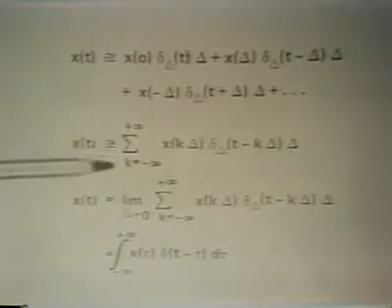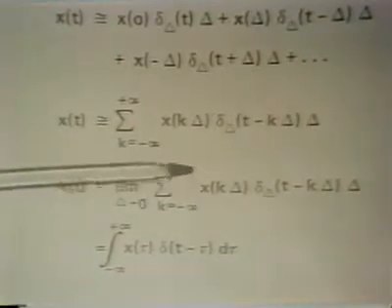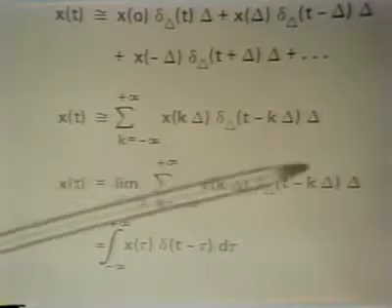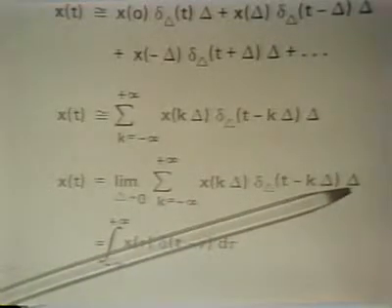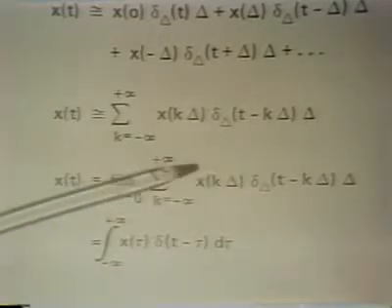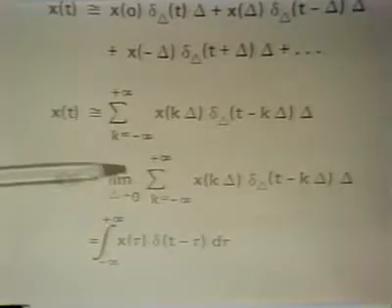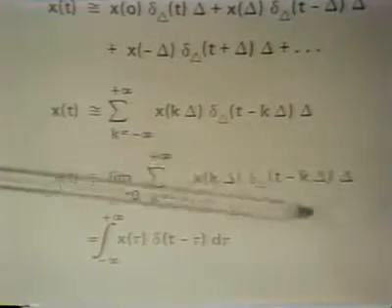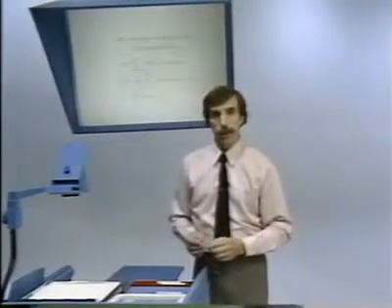We now want to take the limit as delta goes to 0, and as delta goes to 0, notice that this term becomes arbitrarily narrow. This goes to our impulse function, and this, of course, goes to x of tau. And in fact, in the limit, a sum of this form is exactly the way an integral is defined.